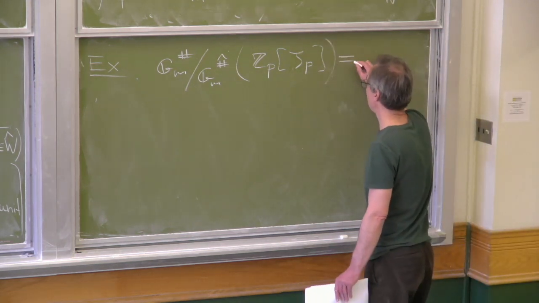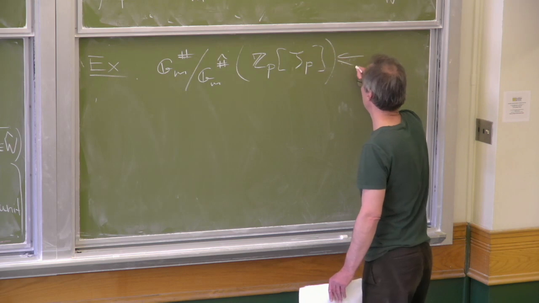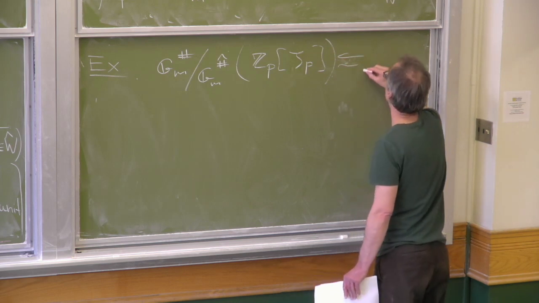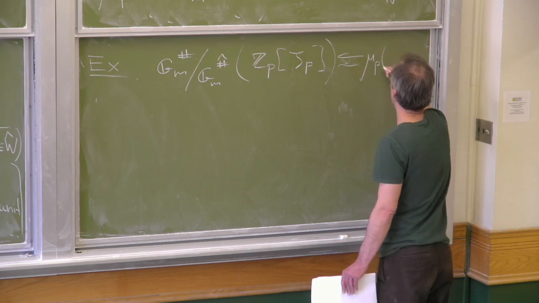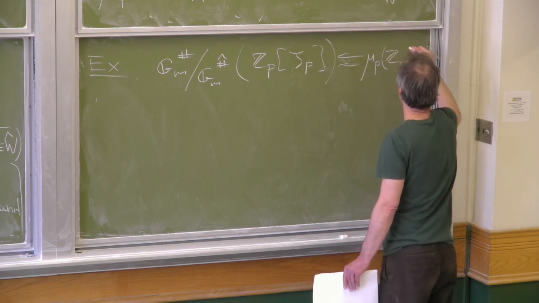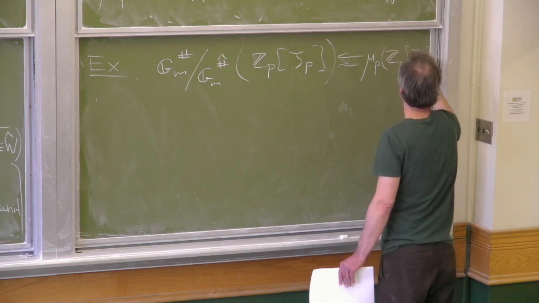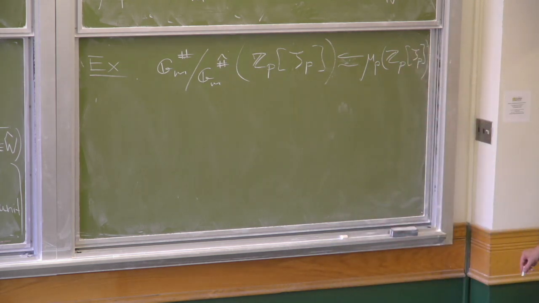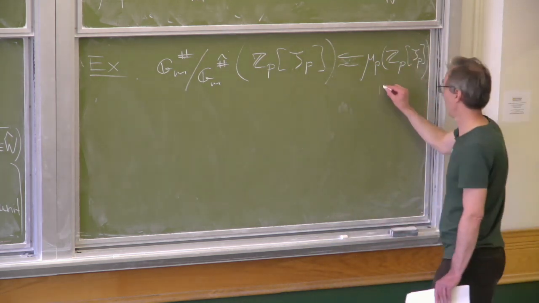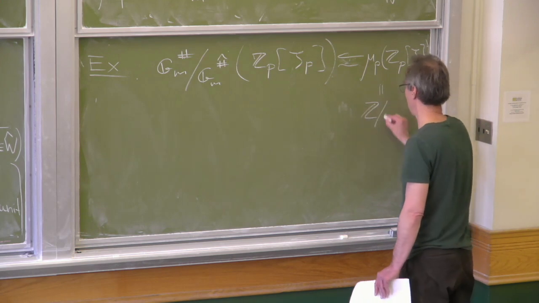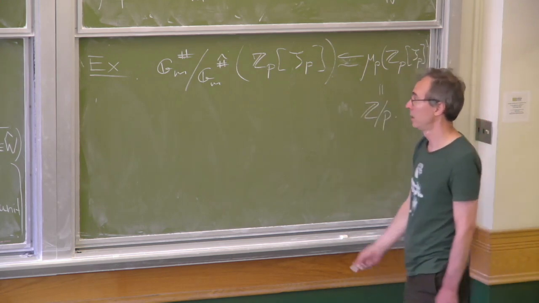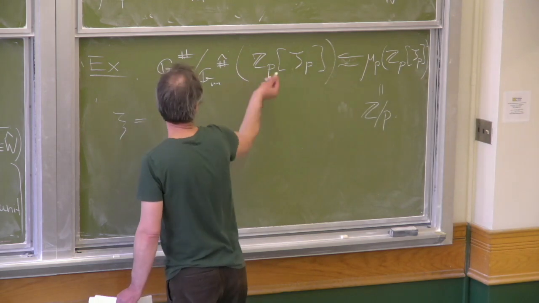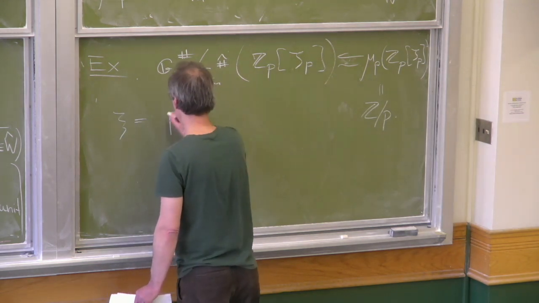Then I claim that this map that I explained, from mu_p of Z_p, is actually nice.